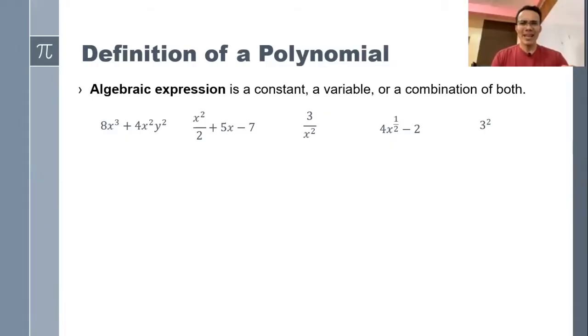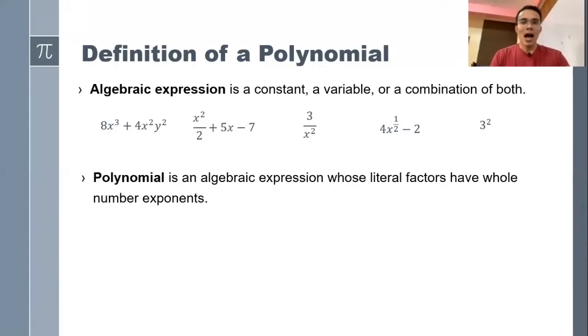Now, what is a polynomial? A polynomial is an algebraic expression whose literal factors have whole number exponents. A polynomial is an algebraic expression, meaning it can be a constant, or a variable, or a combination of both.